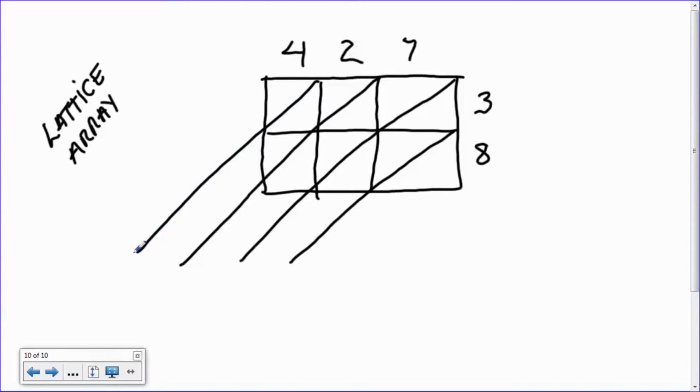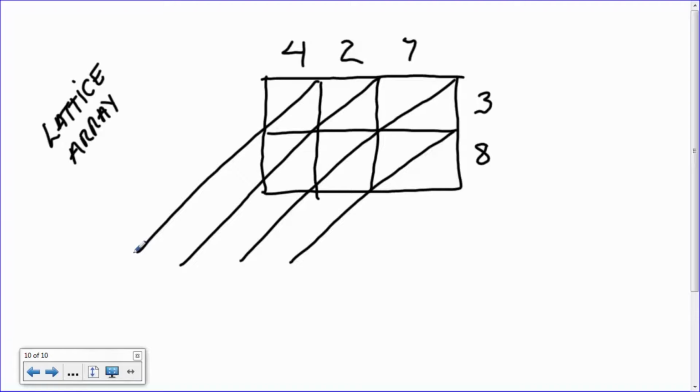And then with these boxes that are supposed to be squares better than rectangles, I'm going to do this. And here's what we're going to do. This is pretty much like the lattice array for addition. Remember, we can do the multiplication in any order that we want to. I want to focus on the left to right order, but if they want to start in the middle or move from right to left, it's okay. So I'm going to start in this upper left-hand corner. Remember, that 3 is not a 3 but 30. That 4 is not a 4 but 400.